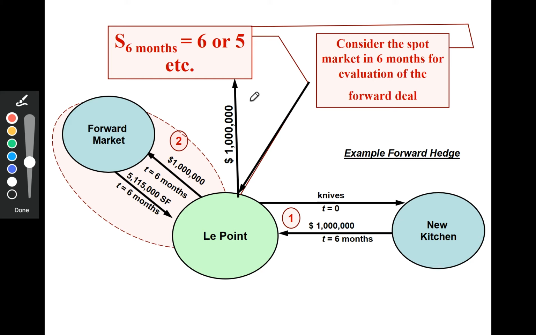In that case, I'm not covered. There is an excluded event. Here too, the event of New Kitchen's bankruptcy is not included in the coverage or insurance that the forward contract gave us. It's an exclusion.